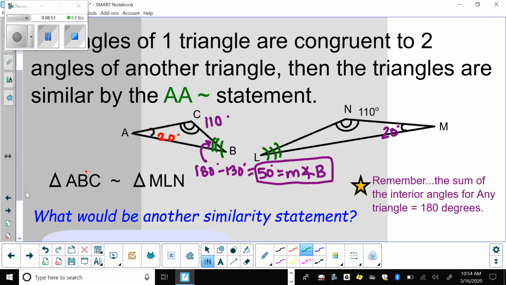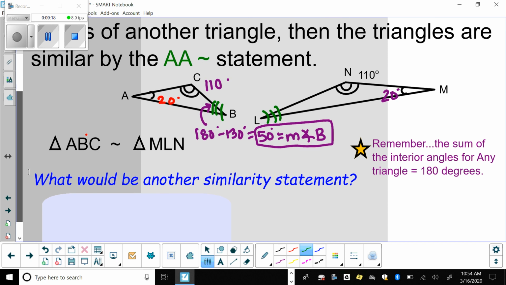Using the fact that the sum of the interior angles of any triangle adds up to 180, I can state that triangle ACB is similar to triangle MLN by AA similarity, just to clarify.